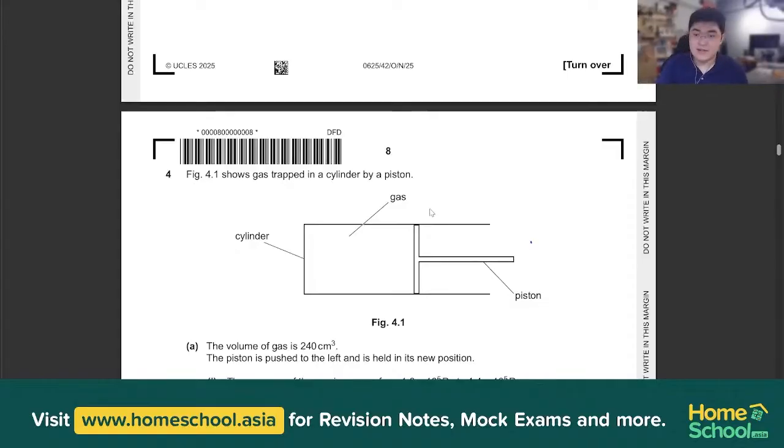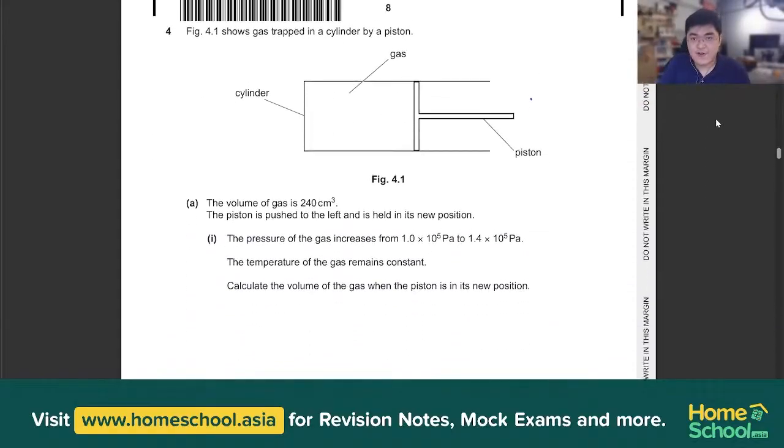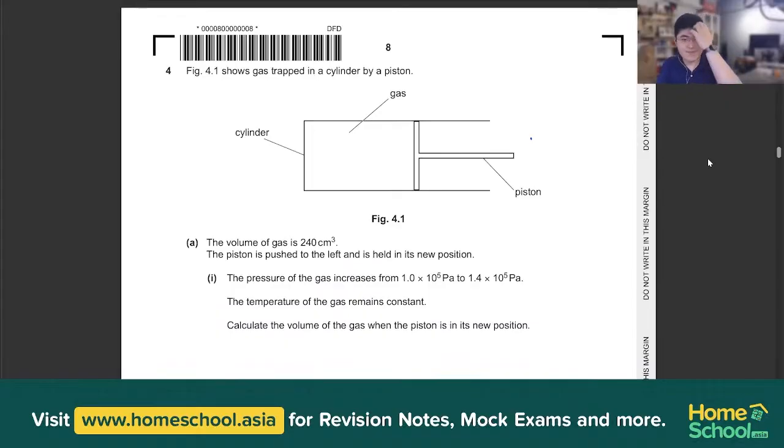Okay. Right, let's begin question 4. Question 4 is quite straightforward as well. Question 4 shows gas trapped in the cylinder by a piston. This volume of gas is 240 centimeter cube.